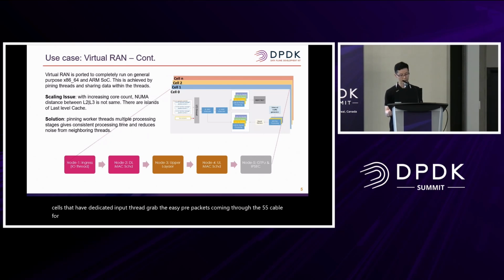They do the IQ samples processing from there, and then the L1, L2, MAC processing and scheduling. At the end of the day, they convert the radio packet coming from the UE, which is called the uplink here, into a normal IP packet and send it out to the packet core, and then to the internet service provider.